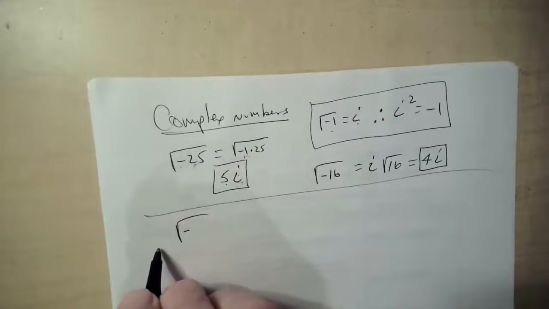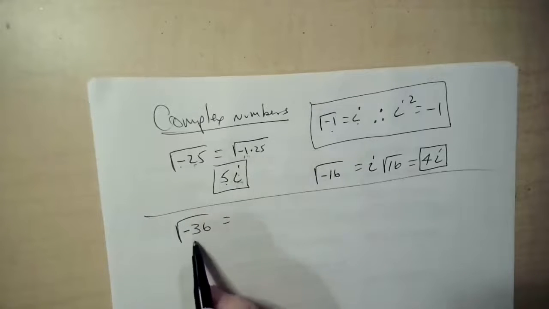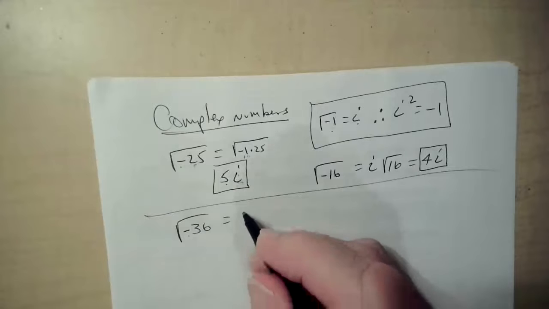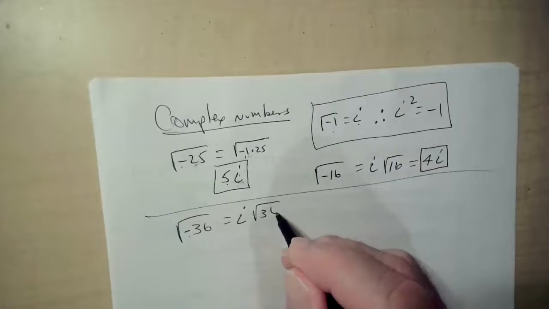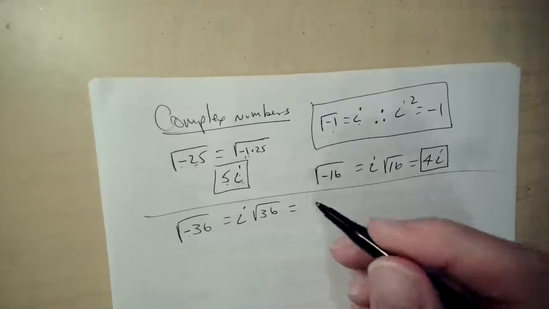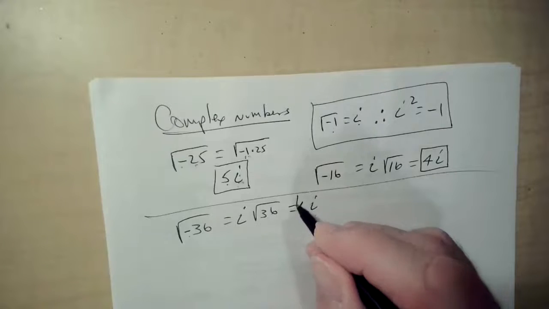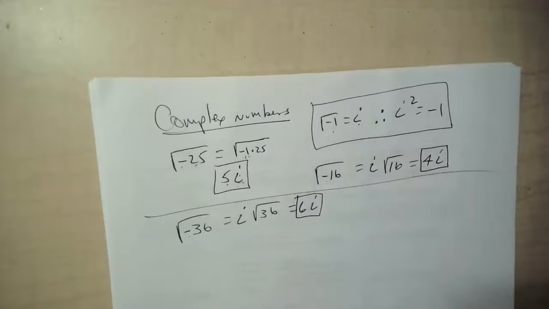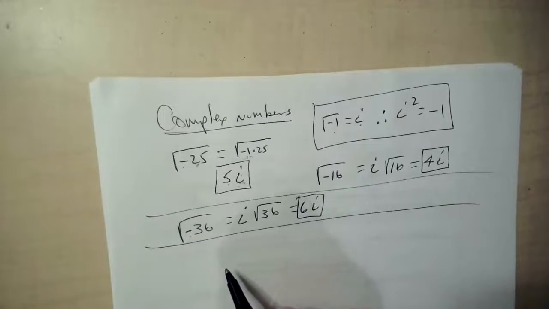Okay, if we have the square root of -36. Get rid of the negative, bring out an i. Everybody with me here? Okay, equals, and the square root of 36 is 6i.